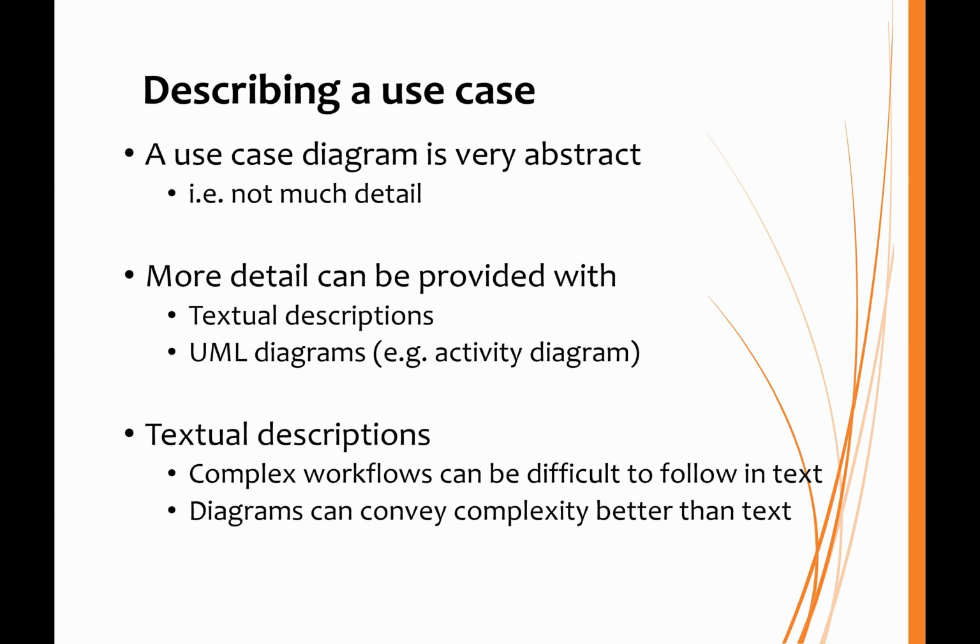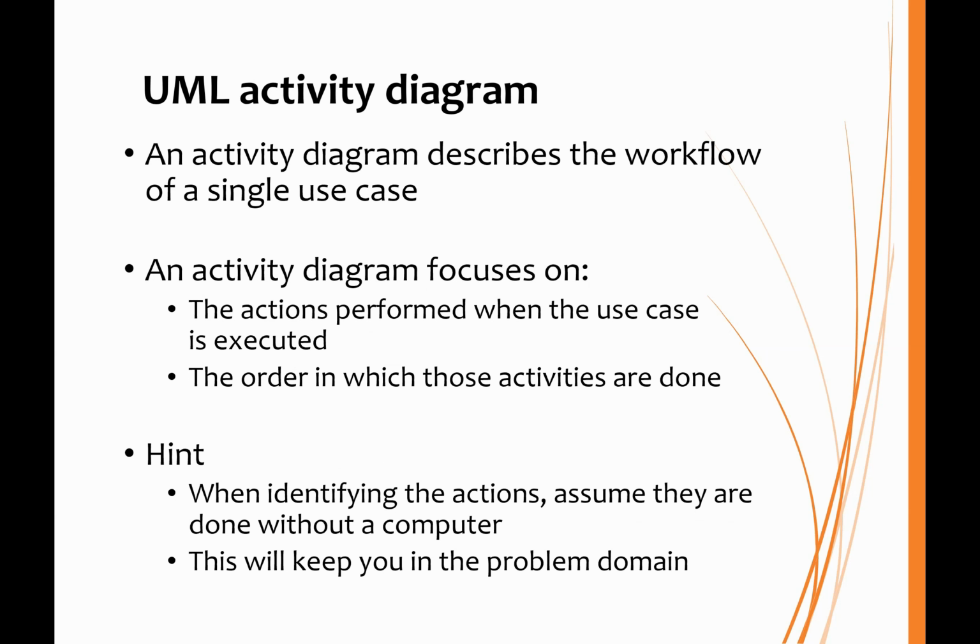Or we could use a diagram, and the UML provides an activity diagram that will allow us to describe a use case. Now, in an activity diagram, we have a set of actions, and we indicate the order in which those actions are performed.